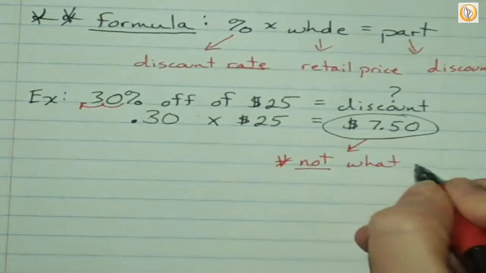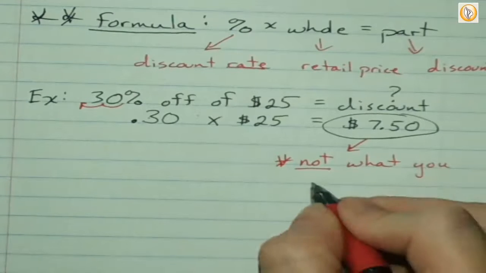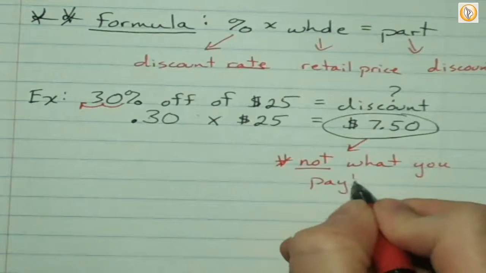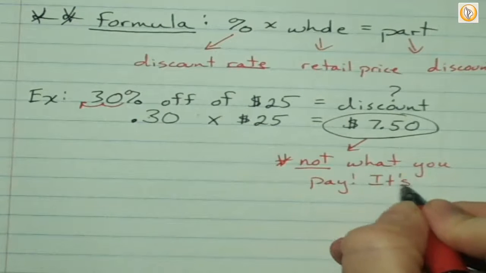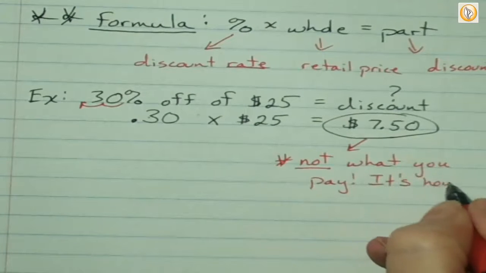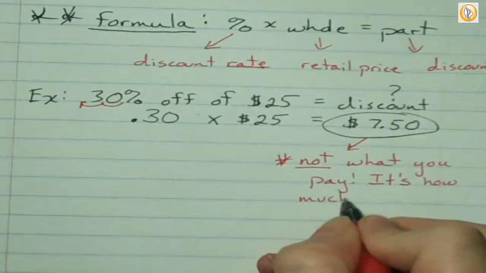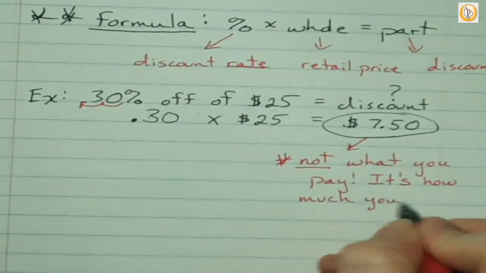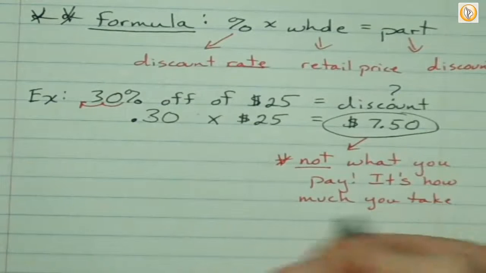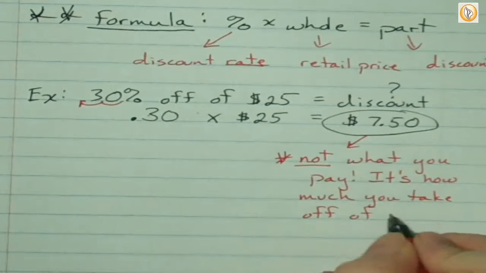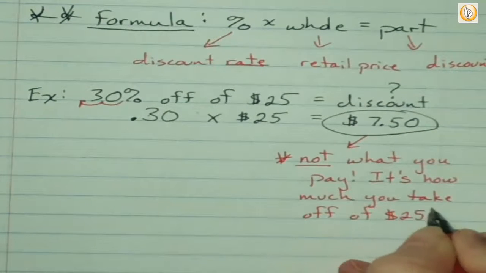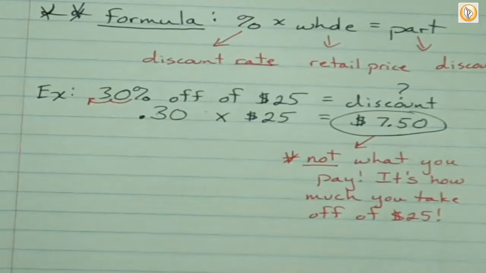It's what's taken off. We have to subtract it. It's how much you take off of $25. So write that down.